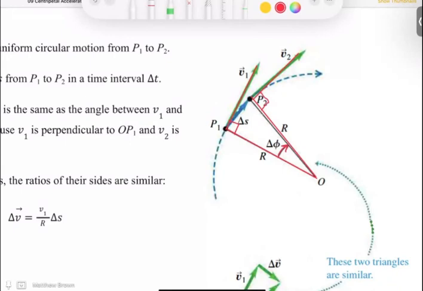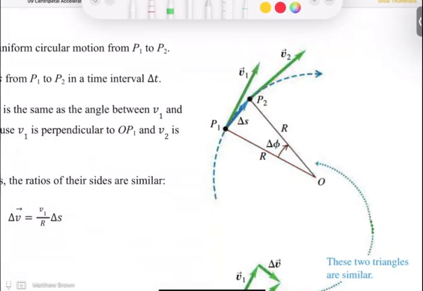So you can almost think of it like if you've got OP1 and V1, and that's perpendicular, and you rotate that forward, well, if V1 was perpendicular to OP1 and V2 is perpendicular to OP2, then it must be the same angle between V1 and V2.